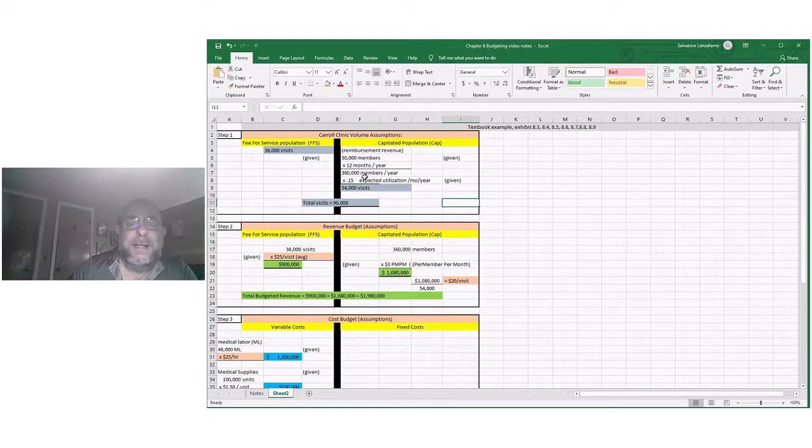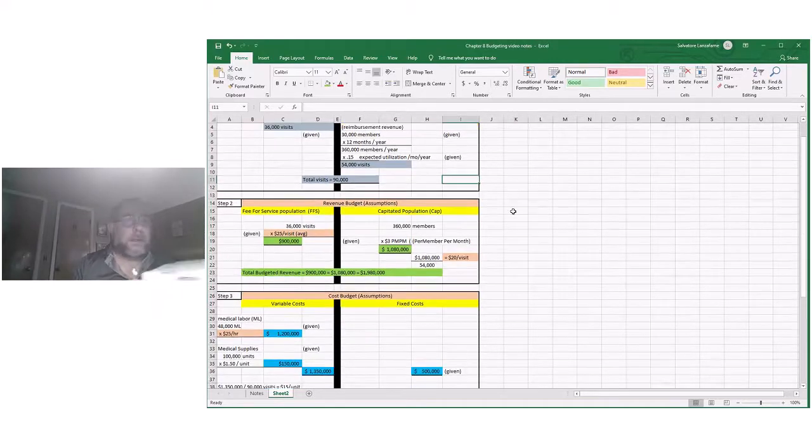So 360,000 members times 0.15 equates to about 54,000 visits. Total visits between the capitated population and the fee-for-service population, 36,000 plus 54,000, that's where I came up with this 90,000. Keep that in your back pocket. We may need that number a little bit later.